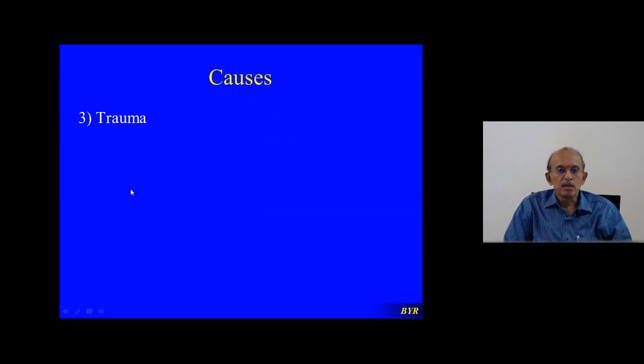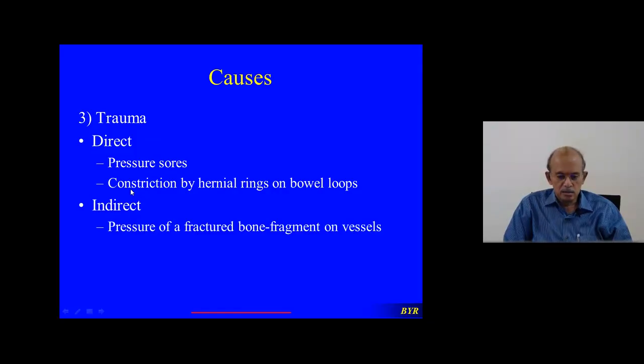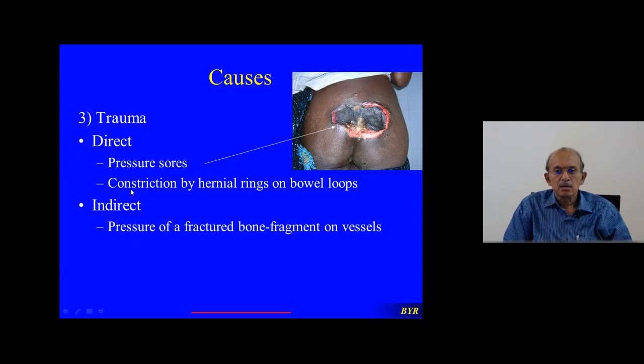Next cause is trauma, direct trauma and indirect trauma. Direct trauma is pressure, a source being constriction by hernial rings on bowel loops. Indirect trauma is pressure of a fractured bone fragment on vessels causing vascular occlusion. Due to constant pressure on the skin and subcutaneous tissues, due to lack of change of posture, the patient will develop death of tissue there.